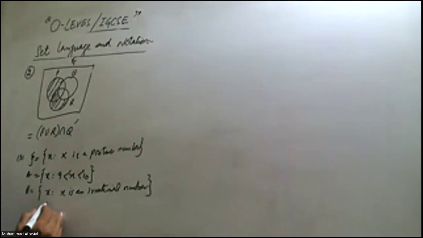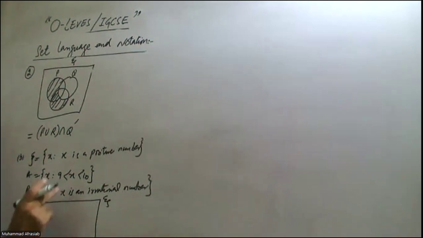So if this is the shape of the universal set, which has all positive numbers, then this is set A, which is between 9 and 10, and there is set B, the set of irrational numbers, which can be inside A, while some are outside A. So A intersection B is what they are asking.